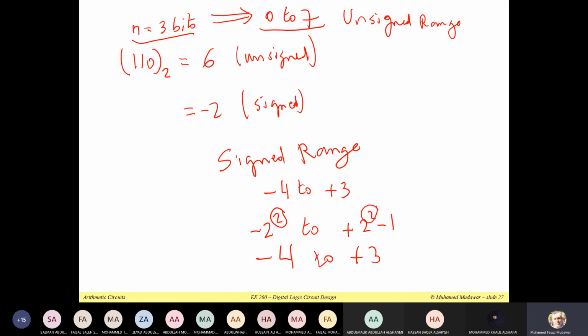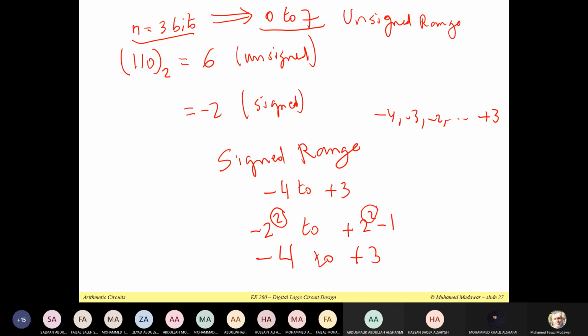So you have -4, -3, -2, all the way to +3. You understand? So these are the 8 values. It is 3 bits, not 2. You can represent 8 values. 4 of them are negative, and 4 of them are greater than or equal to 0.